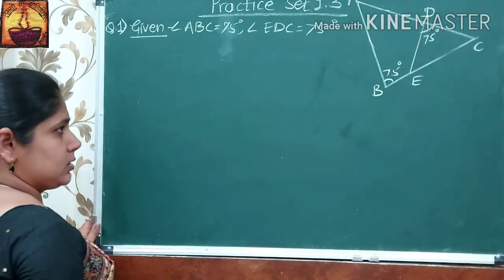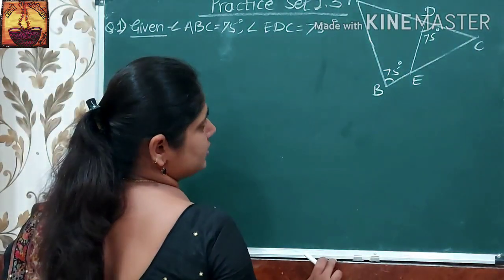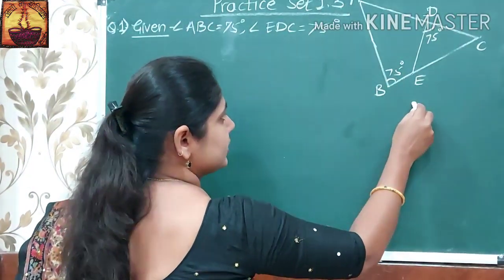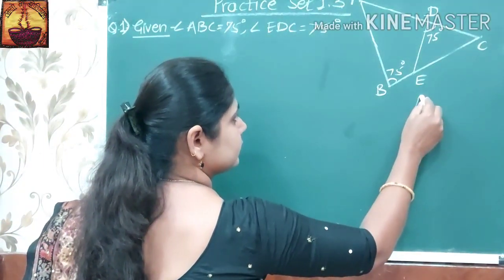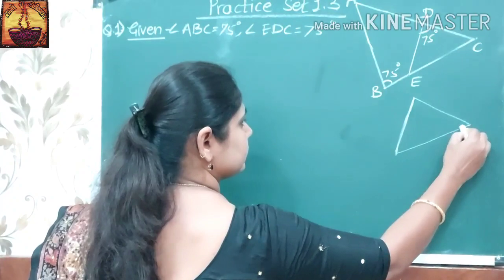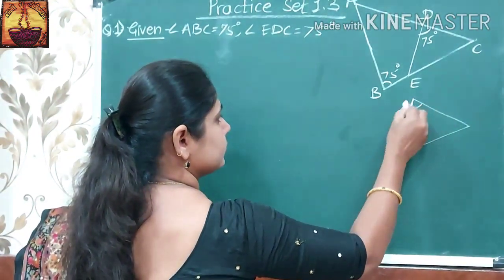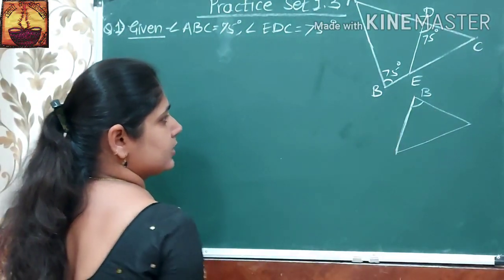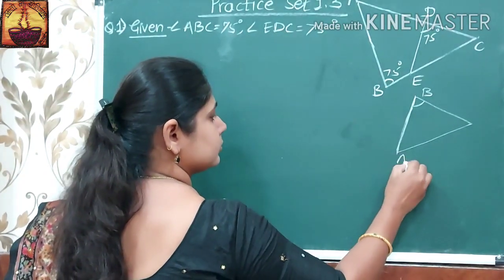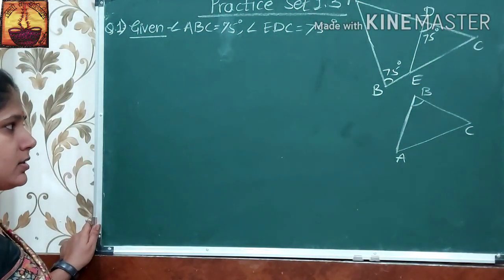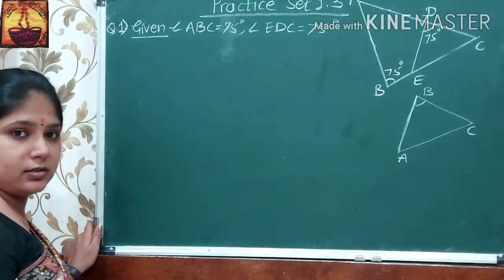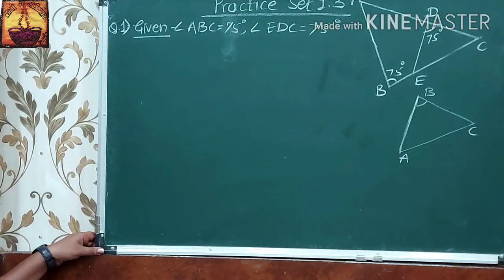For proving the similarity, if we imagine triangle ABC drawn like EDC, with angle B here, angle A and angle C here, then we solve the question.